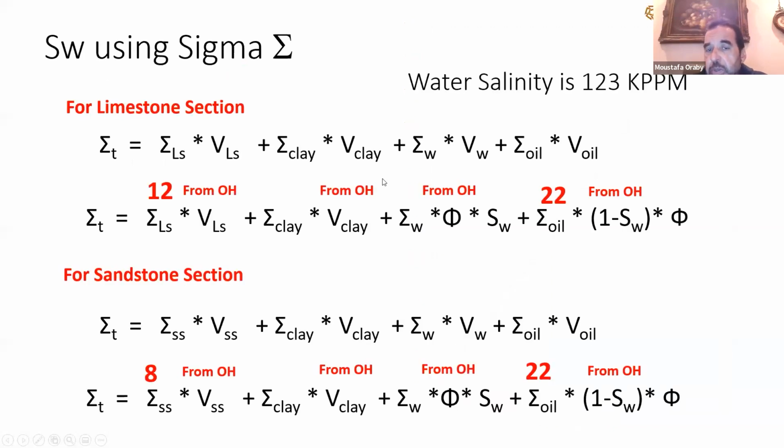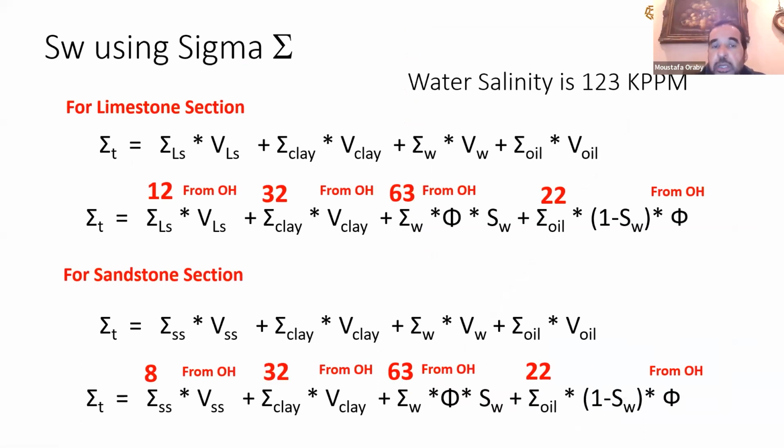Then the sigma of the water is 63. Okay, where is the sigma clay? Okay, sigma clay here is 32, and I know that from the clay or from the logs. So everything is known. The only thing that's unknown is SW. So I can actually go and calculate SW for the limestone section and for the sandstone section.